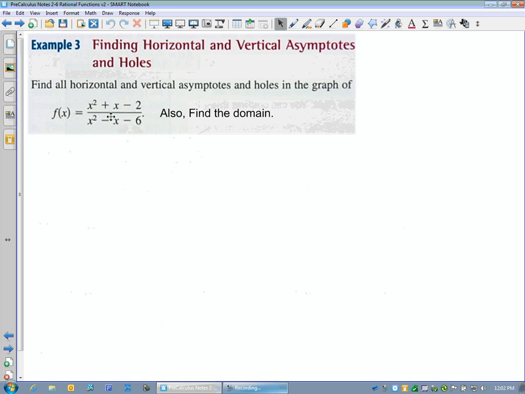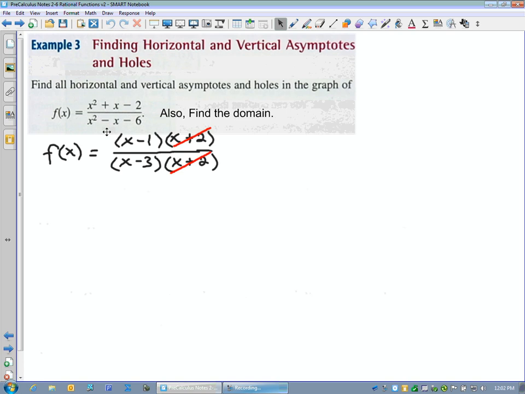So first thing I want to do is factor the numerator and factor the denominator. When I factor them, I see that they do have a common factor. Therefore, that common factor can be canceled out. What ends up happening, though, is since they cancel out, this doesn't change the shape of the graph, but it doesn't negate the fact that x is not allowed to be -2 in the original function.